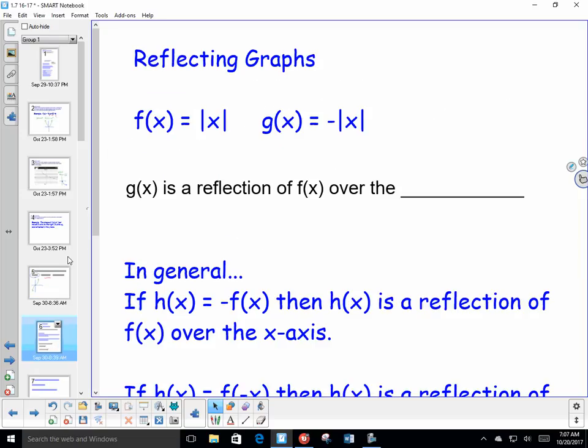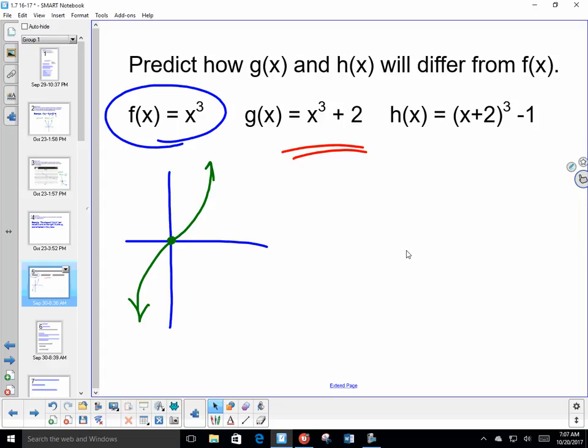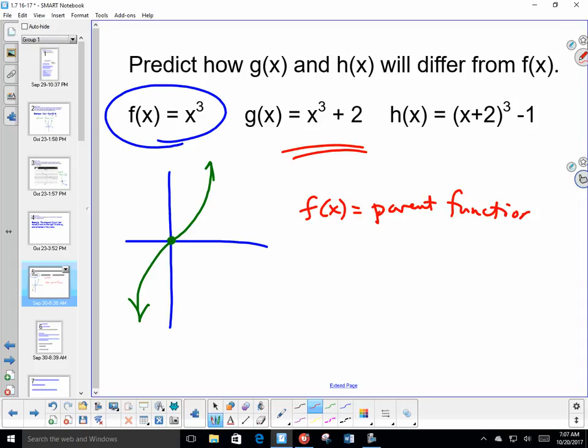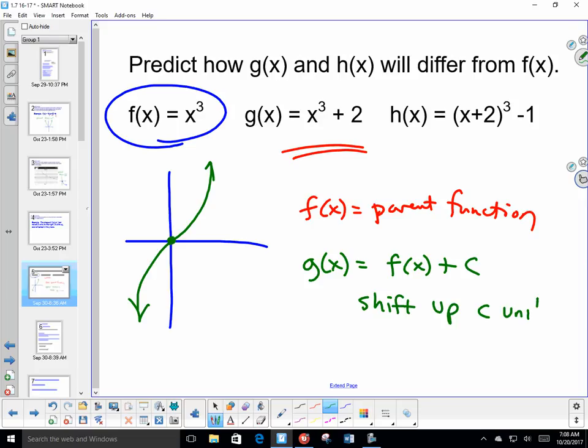Before we move on, let's generalize this. If we have f of x as our parent function, whatever that parent function is, and we have a new function, let's say g of x equals f of x plus c, where we take the function and add something to the end of the function, then that is going to be a shift up c units.